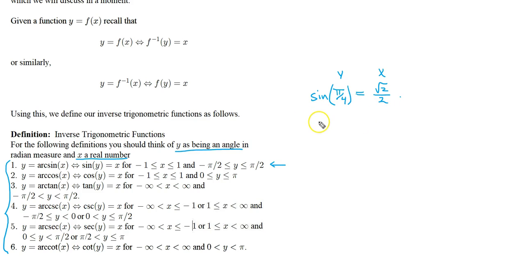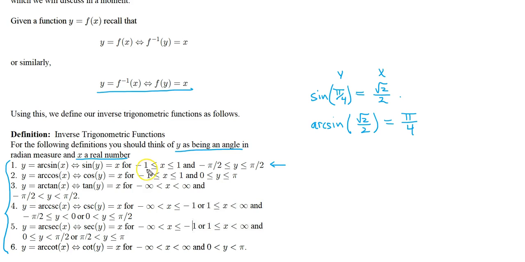So then because of this, the arc sine or inverse sine function of root 2 over 2 is defined to be pi over 4. So notice how we're basically using this definition right here, which relates a function and its inverse function. You'll also notice that we always use radian measure for the angle y.